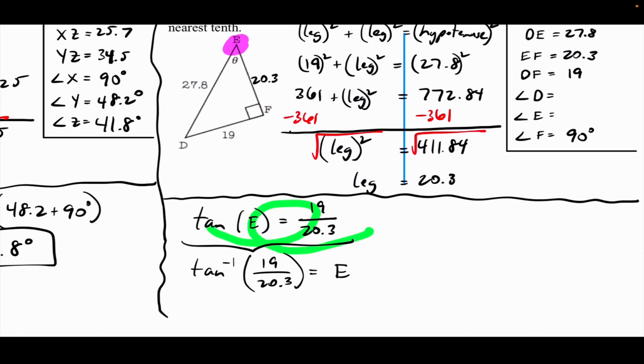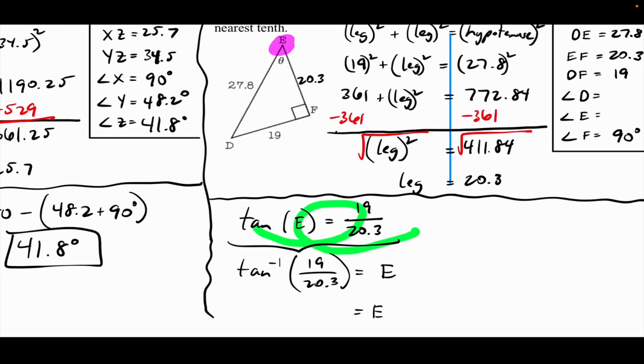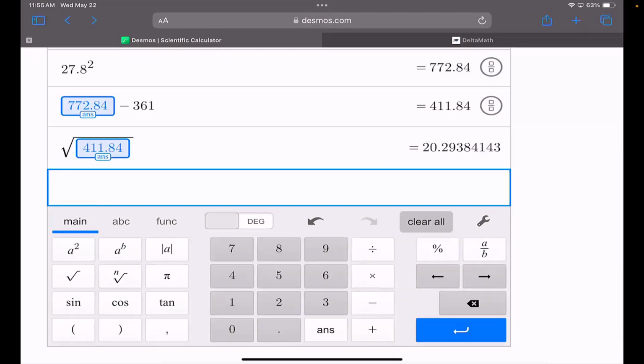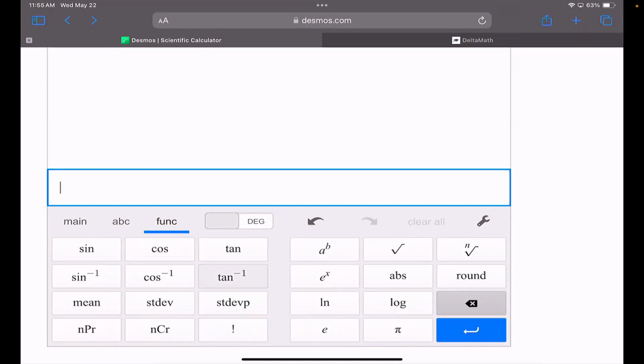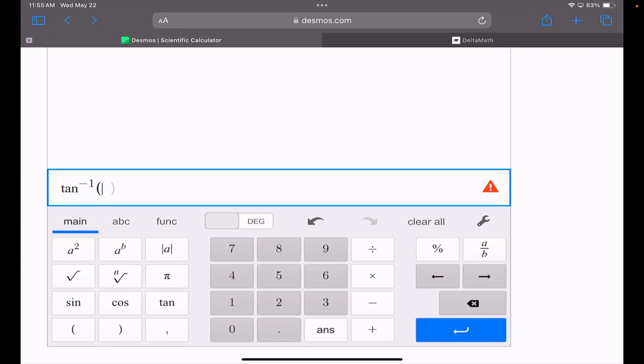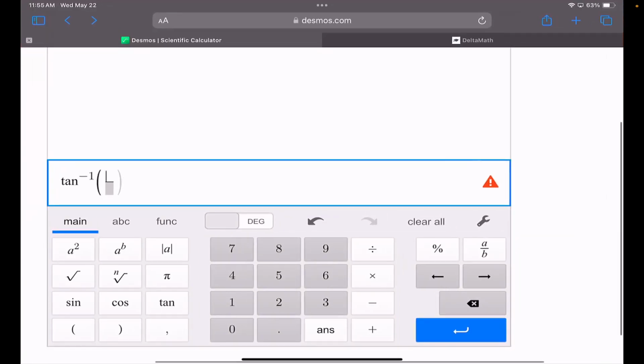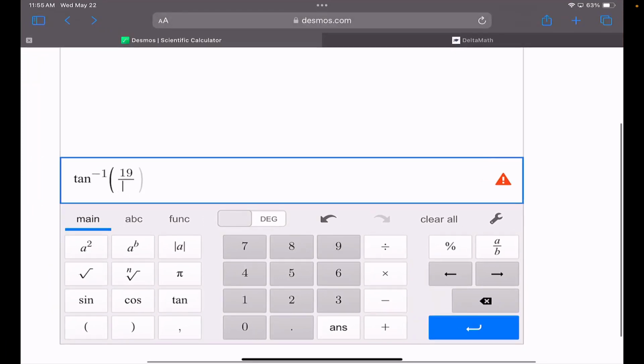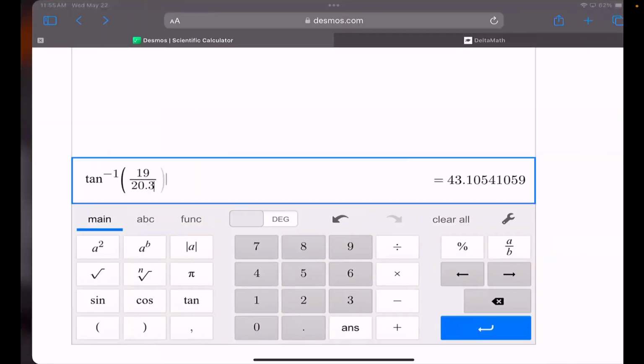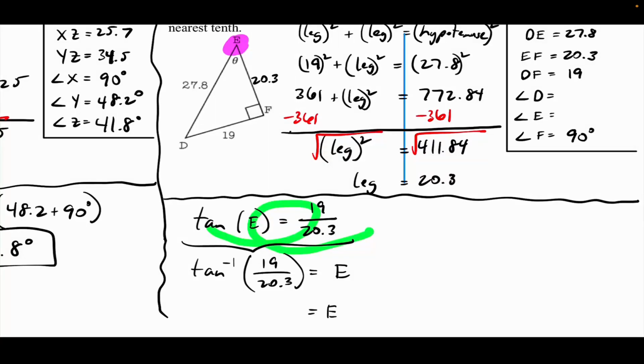Calculator. 19 over 20.3. 43.1. Sorry, yep. 43.1 degrees.